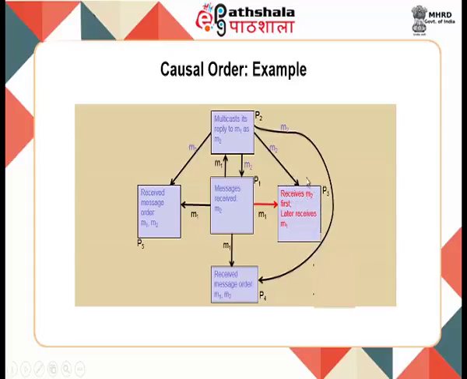But in P3, it first receives M2 and maybe at some point in time later on it will receive M1, and this is not appropriate. This is not correct. So, in causal ordering, in case the second message is dependent on the first message, then the system has to ensure that the first message is delivered to all the recipients and the second message will be delivered only after the first message has been successfully delivered.